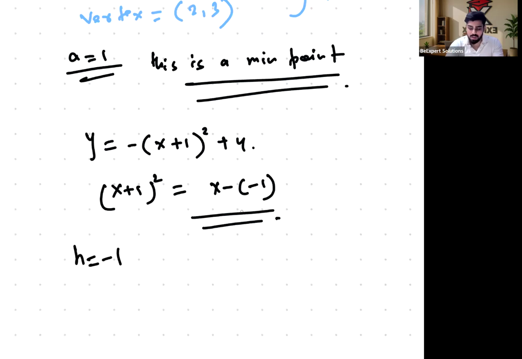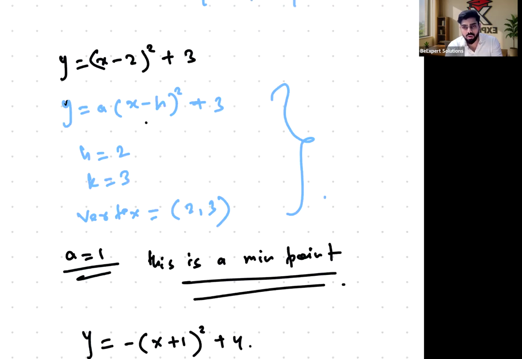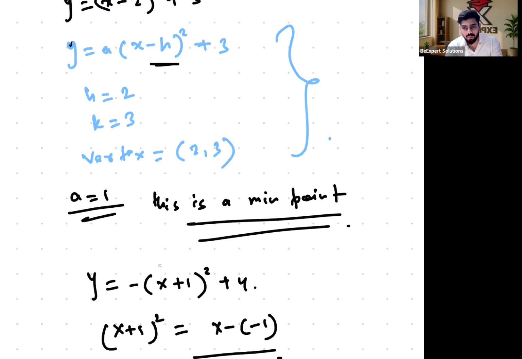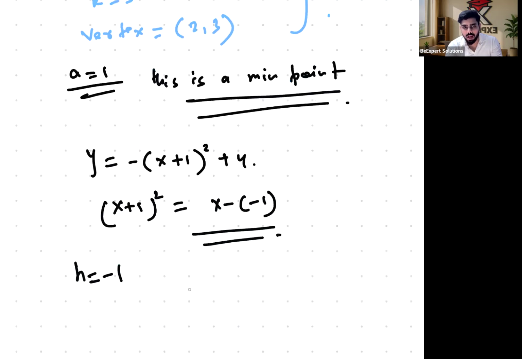From the equation above, I'm trying to compare it with this equation, and because of the minus sign, to write it in the proper format, I will get h as minus 1. Then it will be according to the equation y equals a(x minus h) whole square plus k.